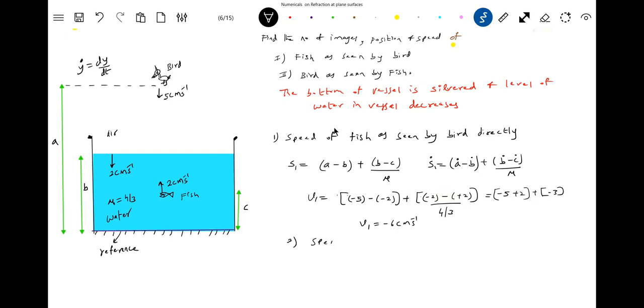Next, speed of fish as seen by bird indirectly. So the rays emitted by the fish will first strike the mirror and form an image. Already we have discussed one problem, I need not repeat it here. Then that image will be seen by the bird.